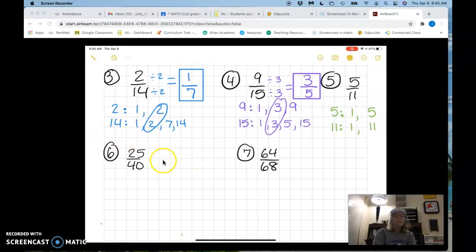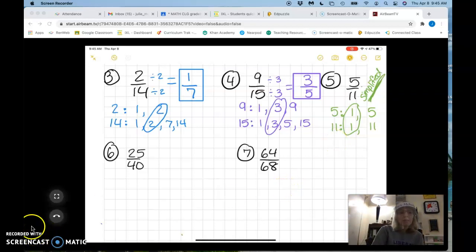Copy this down. The answer is 5 over 11, because the GCF is 1. So that means this one is already simplified. So this is what you're going to write when it's already simplified. You're just going to write simplified.